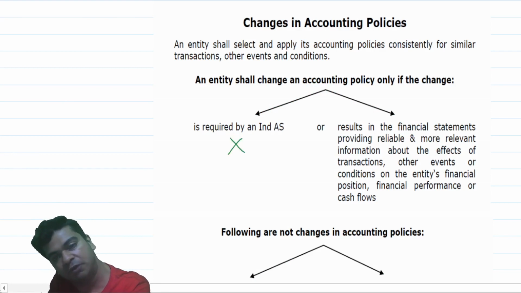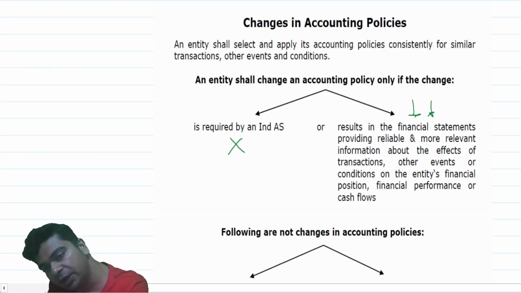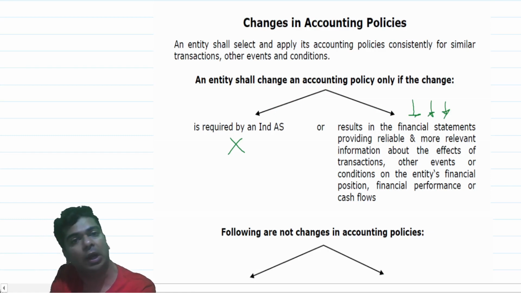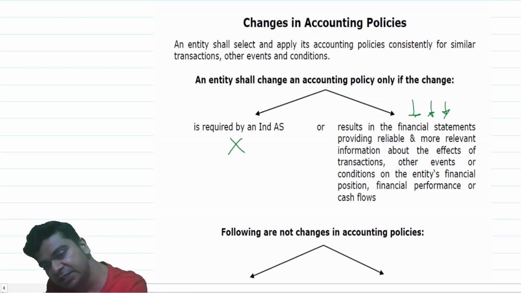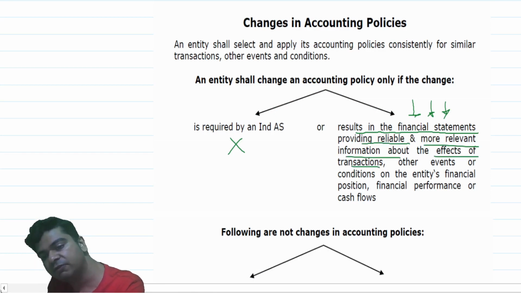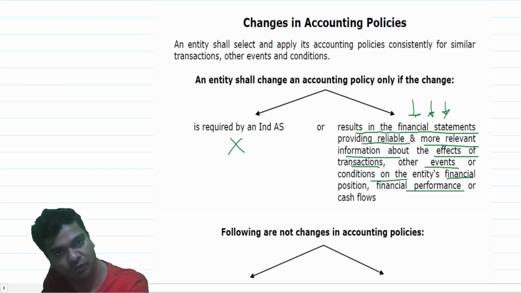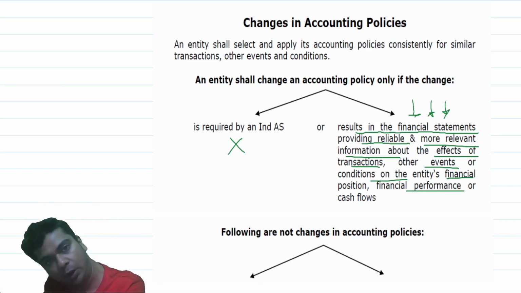This question does not fall over here. You are making a voluntary change. When can you voluntarily change it? If the change in the accounting policy results in the financial statements providing reliable and more relevant information about the effects of transaction, other events, conditions on the entity's financial position, financial performance, or cash flows. All these words should be there in your note.